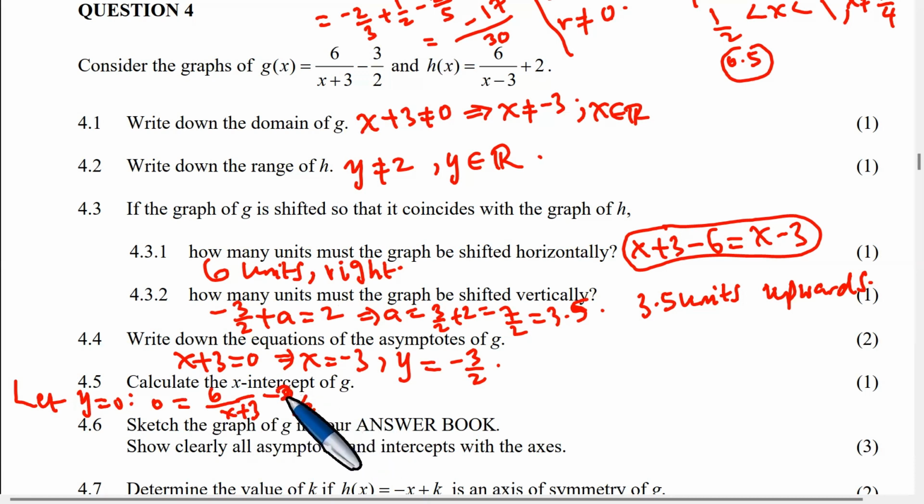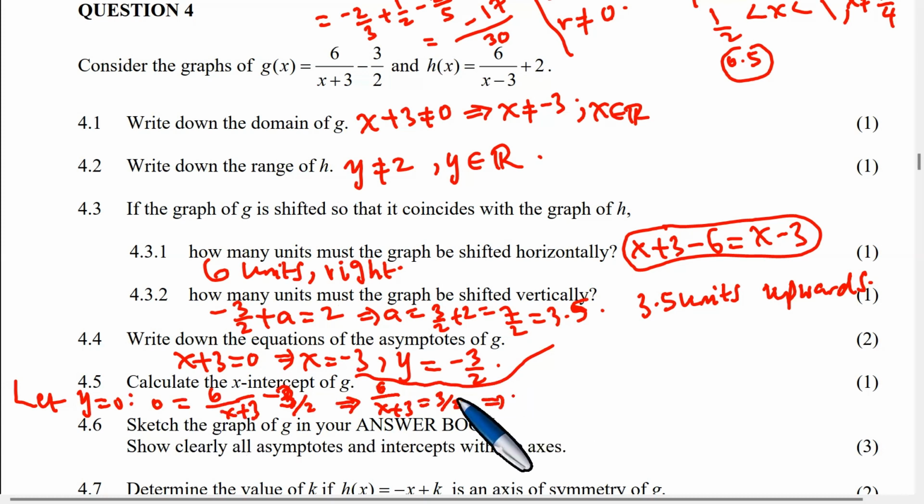You solve for x, which means, let's demarcate this because of this space. So you have 6 over x plus 3 equals 3 halves.